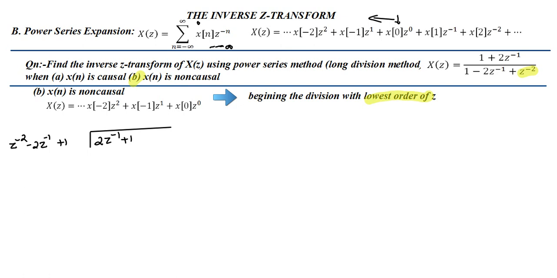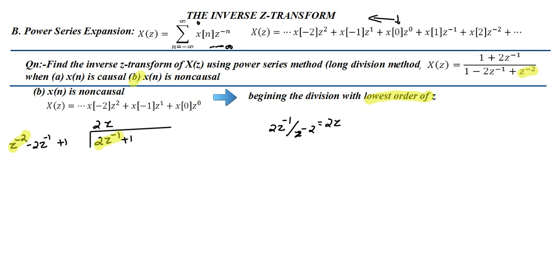So if we divide, first we will take 2 z raised to minus 1 and z raised to minus 2. That's why it's known as lowest order first. So if you divide 2 z raised to minus 1 by z raised to minus 2, we will get 2z. The first term is 2z.